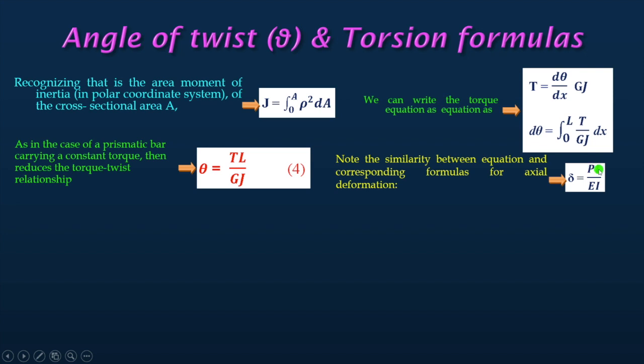P is the applied force, L is the total length, E equals modulus of elasticity, and I equals moment of inertia. And here this is equal to TL by JG. This is similar. In case of a linear force, it is the linear deformation. In case of the torque, it is the angular deformation. And the equivalent deformation formula is this. Here, our concern is this equation 4.